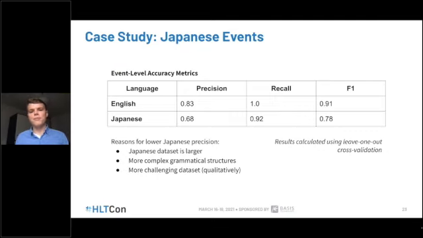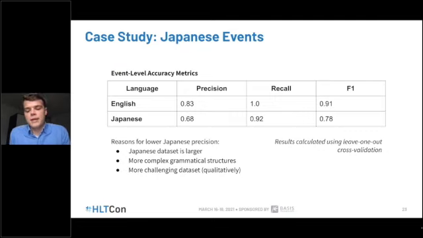However, we do think that these numbers are relatively representative of how you would expect this algorithm to perform on a similar domain of data. Now, one thing you might notice is that the scores on Japanese are a bit reduced compared to English, and we have a few hypotheses as to why this might be the case. So first of all, for the recall, I think that the real story here is that English is a bit artificially high.